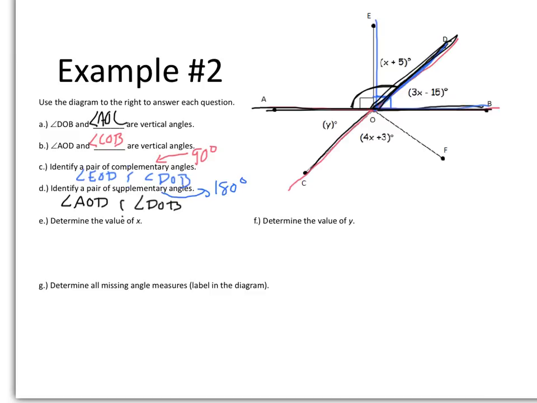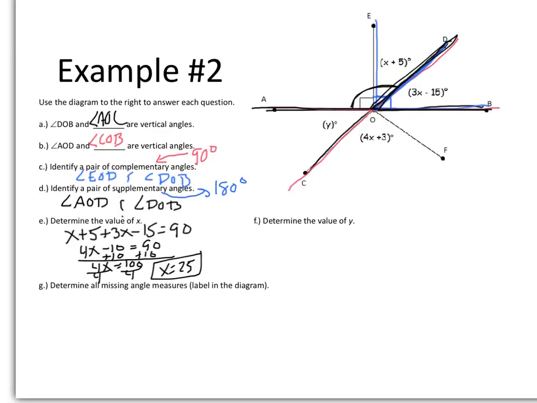So if this angle and this angle are complementary, we know that this plus this equals 90 degrees, and that's our equation. Now we can use our algebra skills and solve for the missing variable. After combining like terms and using inverse operations, we find out that x equals 25.